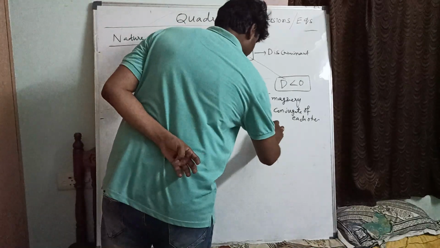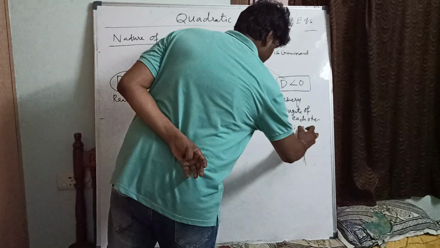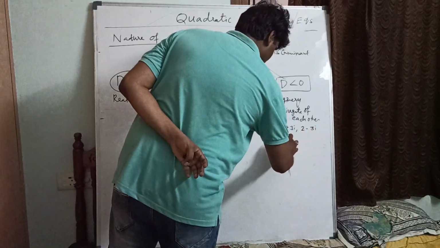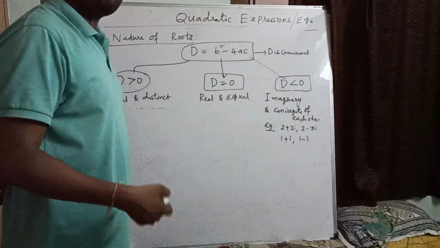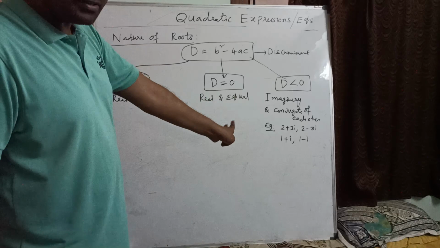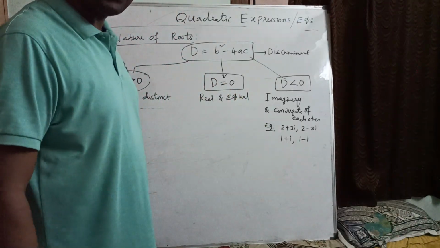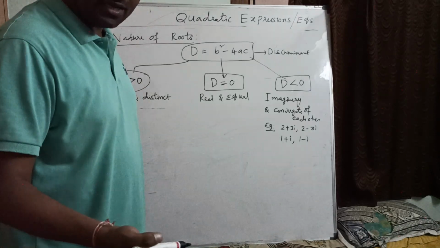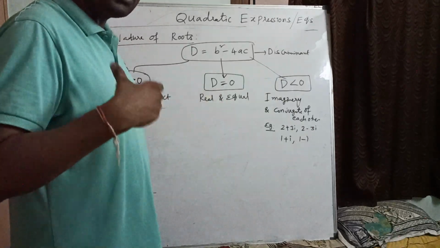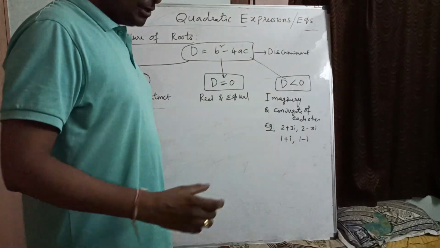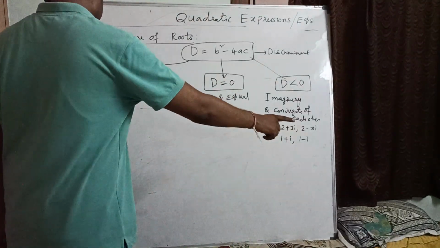So any number of pairs of roots we get will be conjugates. The word conjugate we will discuss in the complex number chapter. a plus ib is the general form of a complex number; a plus ib has conjugate a minus ib. Similarly, 2 plus 3i has conjugate 2 minus 3i. So like that we'll get roots.